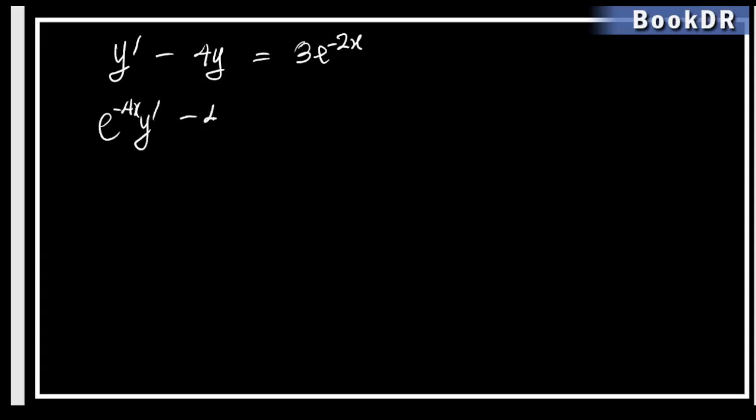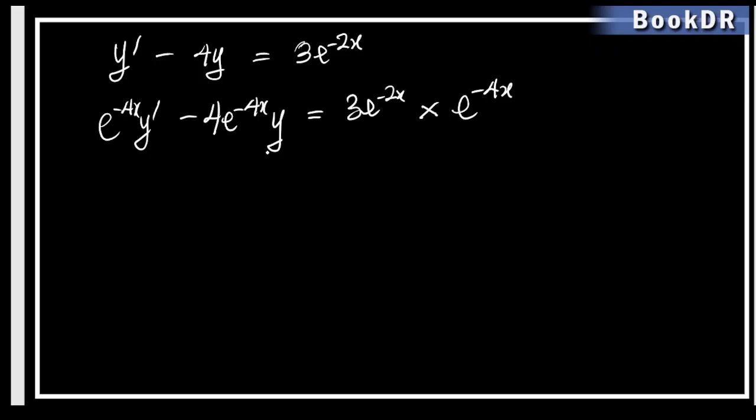We multiply through by the integrating factor. The original equation is y prime minus 4y is equal to 3e exponent minus 2x. So multiplying through by the integrating factor, we'll have e exponent minus 4x times y derivative minus 4e exponent minus 4x y is equal to 3e exponent minus 2x multiplying e exponent minus 4x.